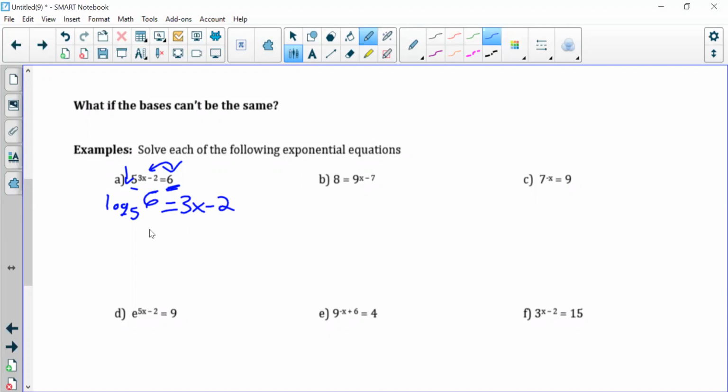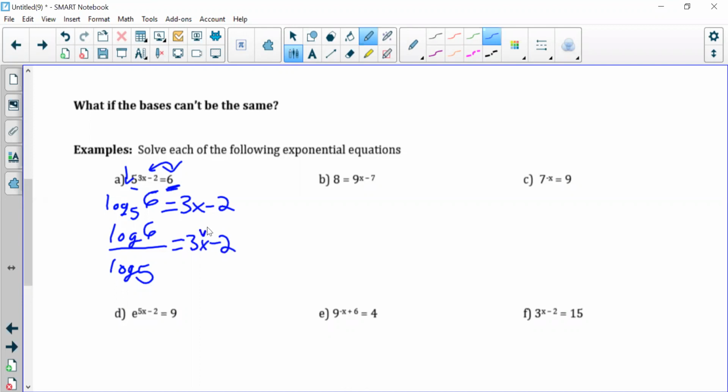All right, so now I need the change of base formula, right? Log of big over log of the little. So log of 6 over log of 5. All right, so now we've used our change of base formula, so we have the same base, and this still equals 3x minus 2.